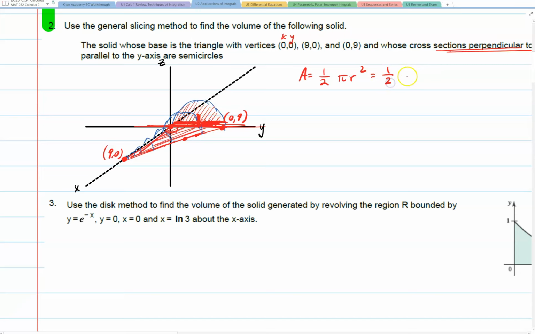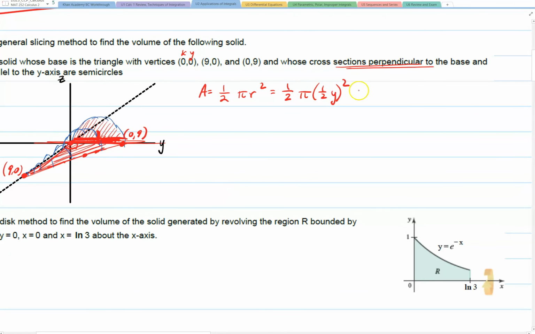So I might write 1/2 of pi times 1/2 of y squared, and we could clean this up just a little bit. We've got 1/2 of pi times 1/4 of y squared, so I'm imagining this term being squared, and 1/2 of a fourth, now I can distribute, ultimately ends up being 1/8 of pi times y squared.